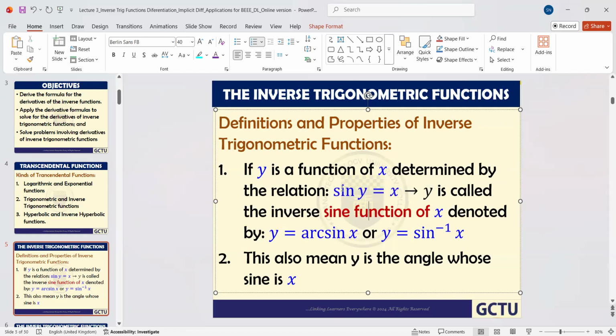In other words, if I make y the subject, then y becomes sine inverse of x. So this is where we are starting from. If cos y is equal to x, then y will be called cos inverse. If tan y is equal to x, then y will be called tan inverse. So we are starting from this route: define a trig function in terms of y.